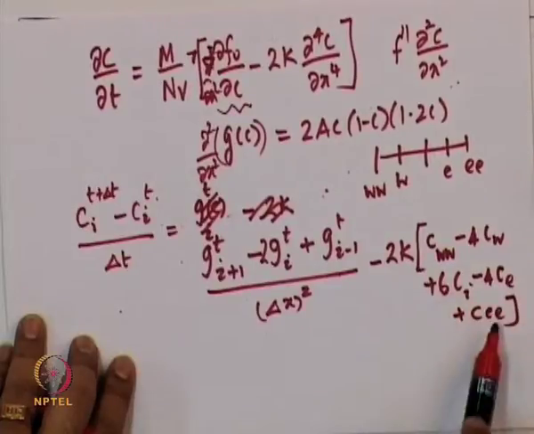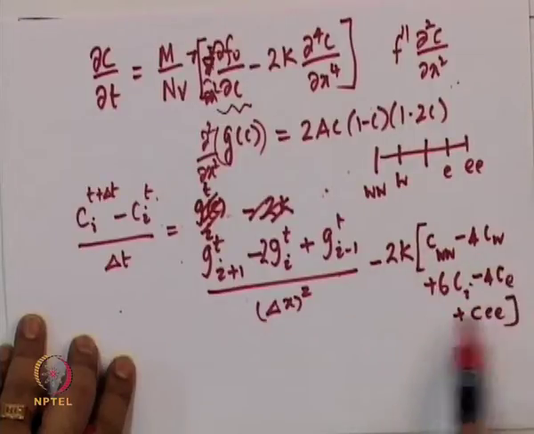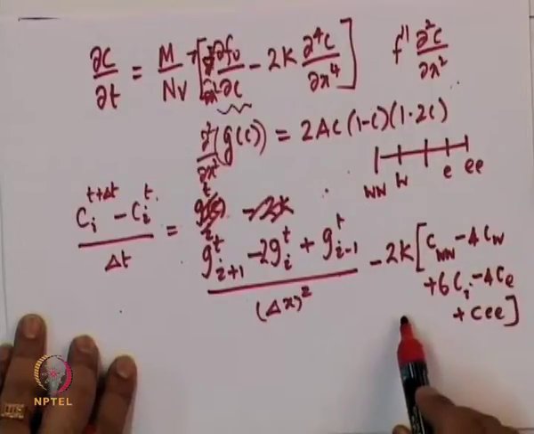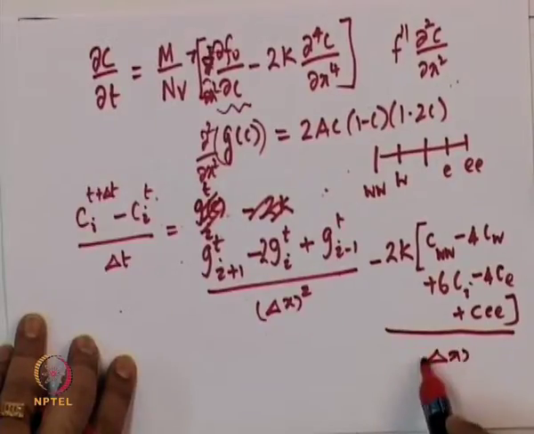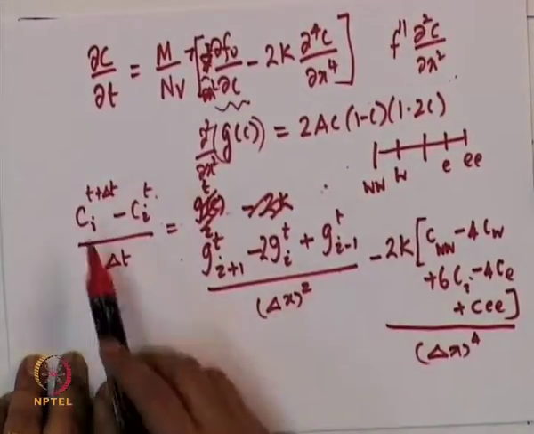Okay. So, that is what this is, and this is 8 and minus 8. So, this is the discretization, and in this case it has to be divided by delta x power 4. Okay. So, now you can write this expression.